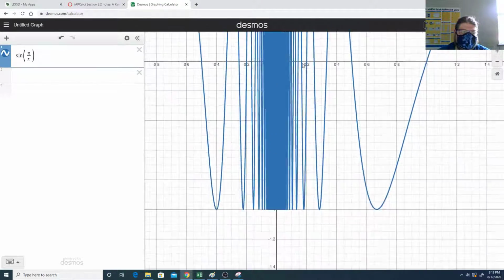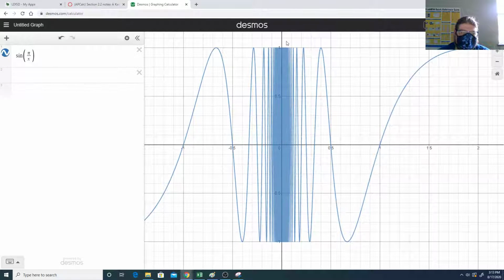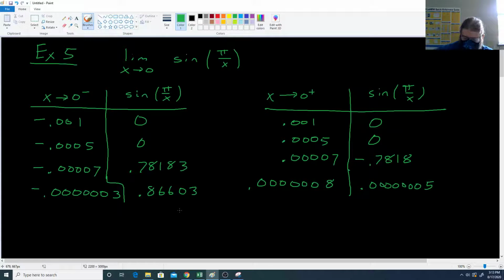This is one way you can fail to have a limit at a value, is if the function is bouncing back and forth between numbers too rapidly. So sine of pi over x, because of this issue, has no limit at x equals 0.